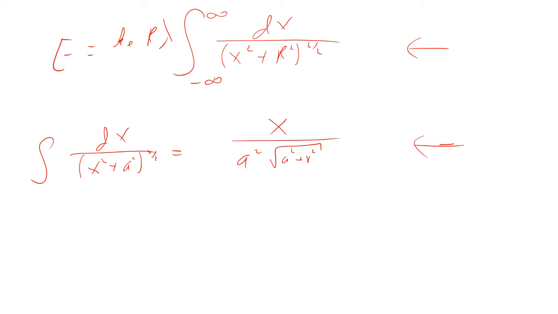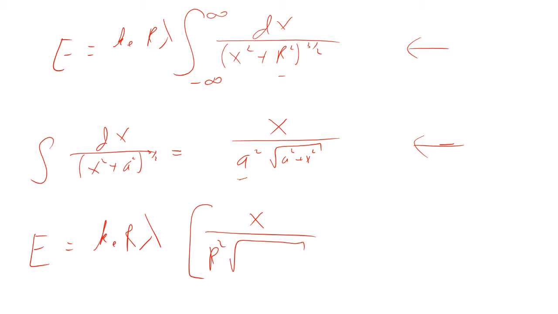It's just that the a here is going to be the r, and so that means that we can just write down that E is going to be K sub E r lambda times x over r squared square root of r squared plus x squared, evaluated from minus infinity to infinity.